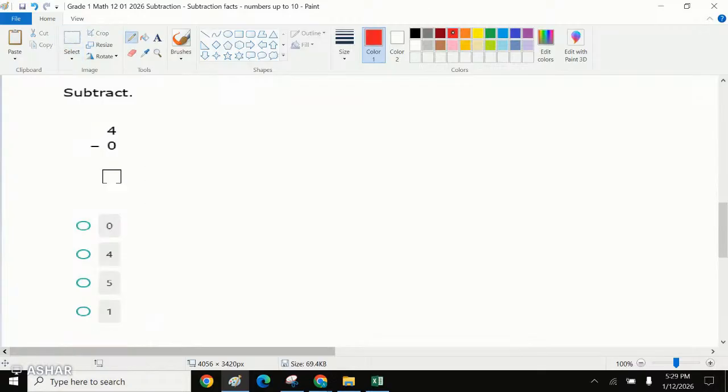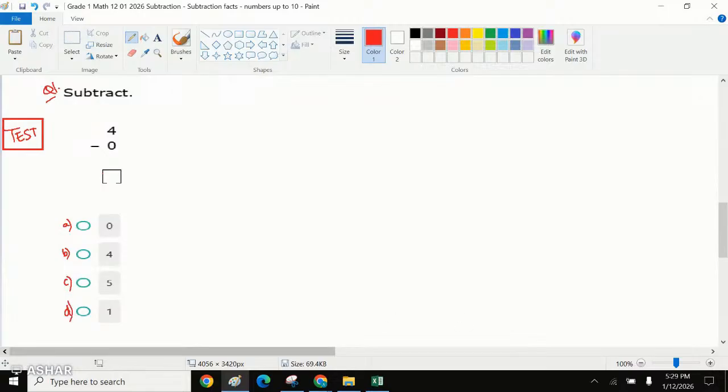If this is question number 1 from the test. The test is on the right hand top corner of the page. So it says 4 minus 0. Which option should be correct? Option A, option B, option C, or option D?